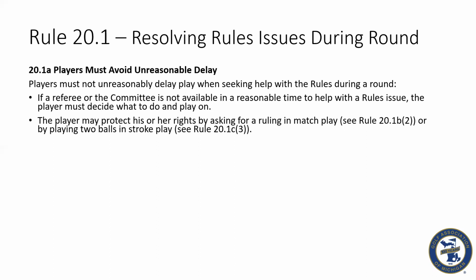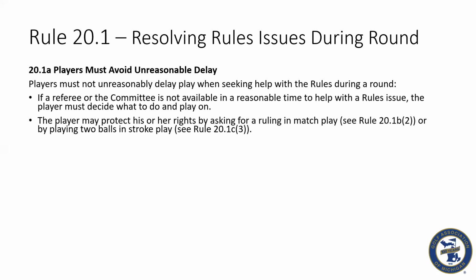But in that case, it was stroke play. Players should, if they don't know what to do, which we'll get to in a sec here, just play 2 balls. They can't just sit there and wait for a ruling. It's one thing on the tours where they've got an official or a lot of officials, and they've got a walking scorer, someone with the radio on every hole with every group.